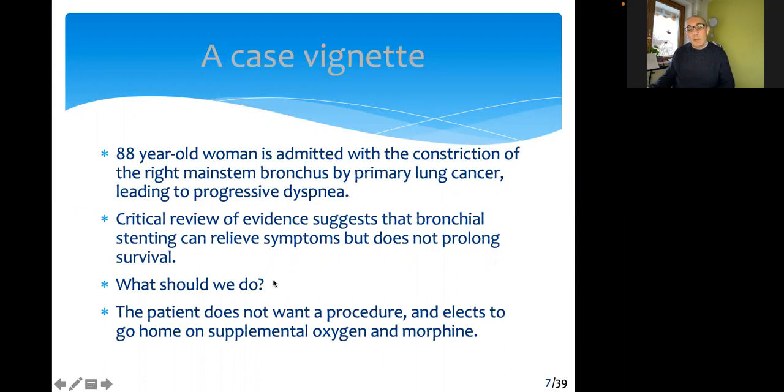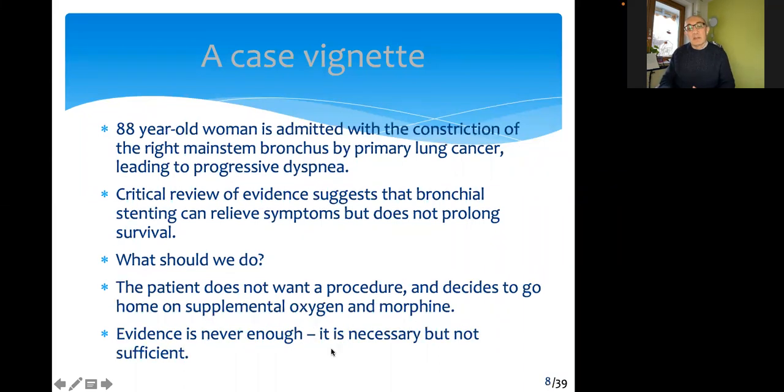But what if the patient does not want it? What if the patient says she chooses to go home and receive supplemental oxygen and morphine? Of course, in this case, your duty as the doctor is to practice evidence-based medicine with your own experience, but together with the patient.